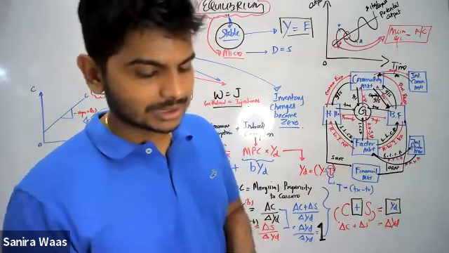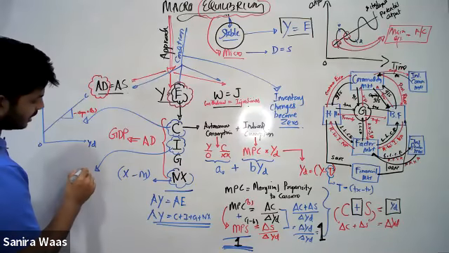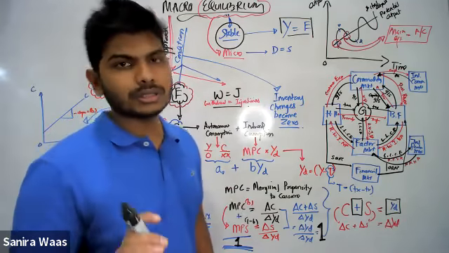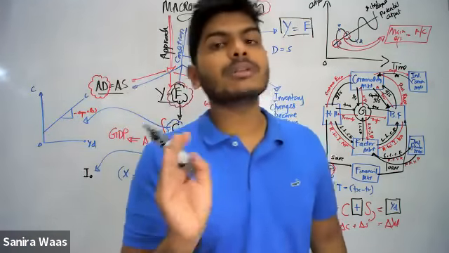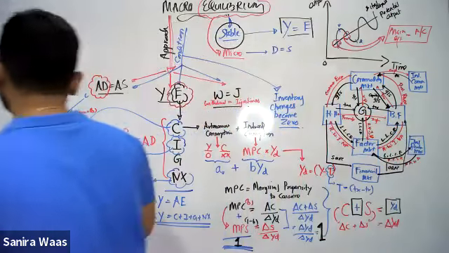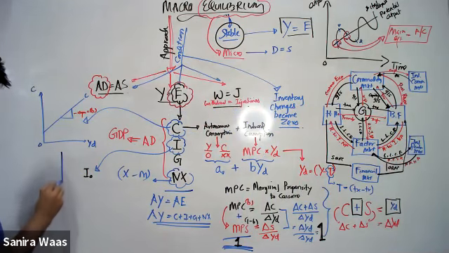But what is in your syllabus? Willingly or unwillingly, only I0. What do you mean by I0? Only an autonomous part. Investment is autonomous; you have no choice with income. So graphically it could be something like this.